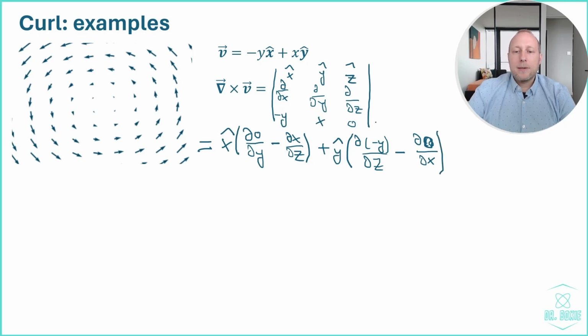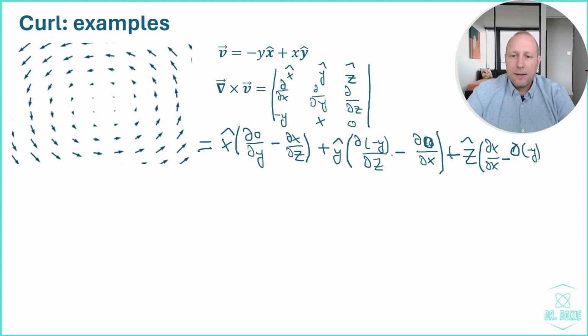Once again, both of these are 0, so also the y component vanishes. Plus, in the z direction, z hat, you get dx by dx, which is 1, minus d of minus y by dy, which is minus 1, and so we get, as a result, 2 z hat.